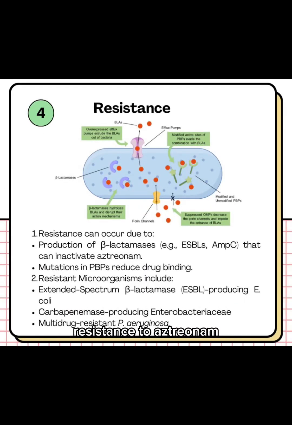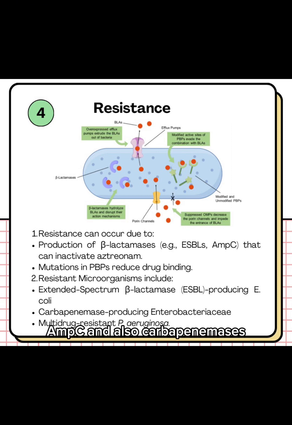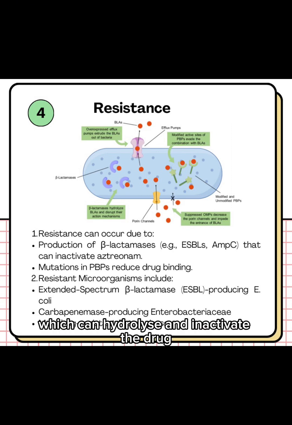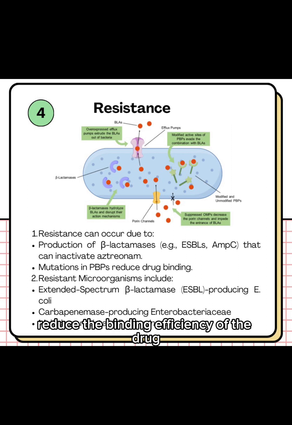However, resistance to Aztreonam can develop through two primary mechanisms. The first one is enzymatic degradation, especially by beta-lactamases such as ESBLs, AmpC, and also carbapenemases, which can hydrolyze and inactivate the drug. The second one is mutation in PBP3, reducing the binding efficiency of the drug.